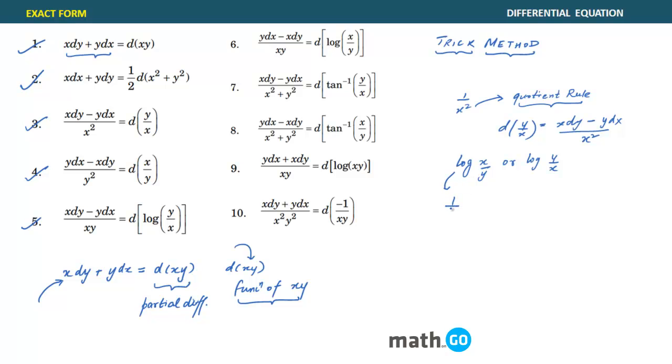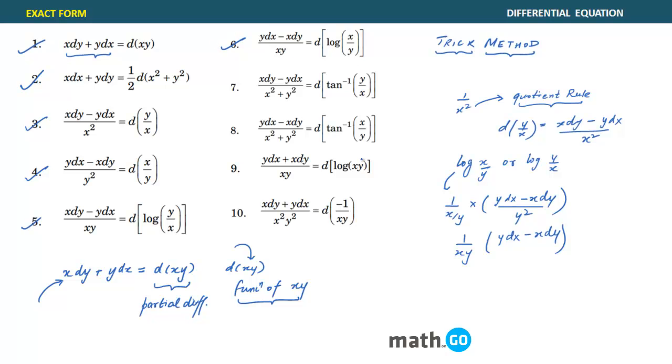The derivative is 1 by (x by y) into the derivative of x by y. The derivative of x by y is already written here: y dx minus x dy by y square. So what you will get is 1 by xy times (y dx minus x dy). It is written over here.